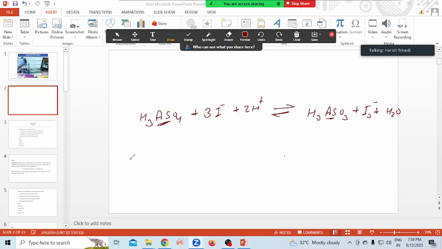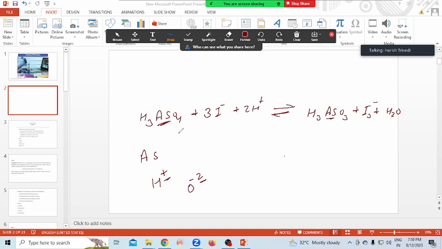I don't know whether you know it or not, but I will just explain. Hydrogen is generally found as H+ ion, whereas oxygen is found as minus 2. So the oxidation state of oxygen is minus 2, whereas hydrogen is plus 1.